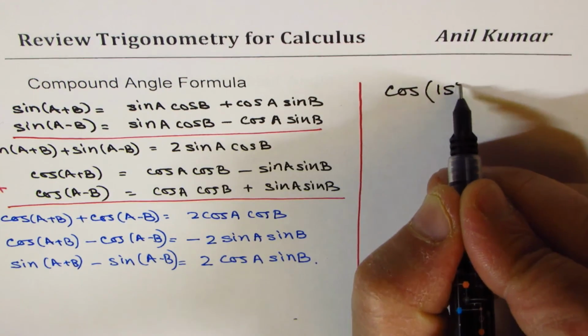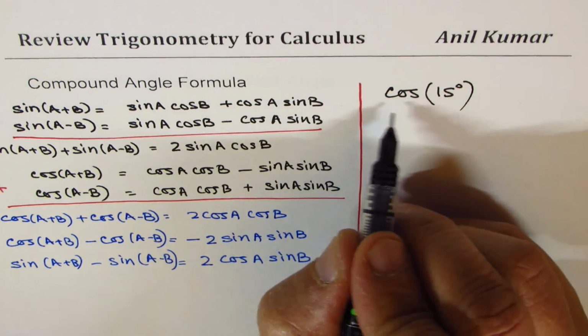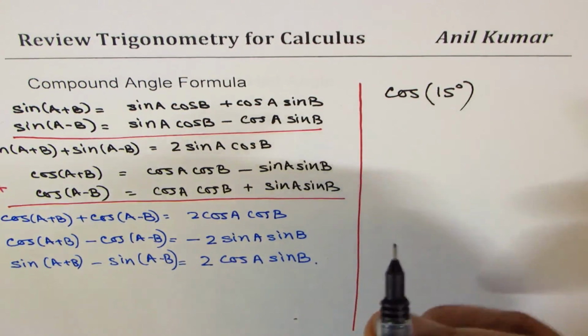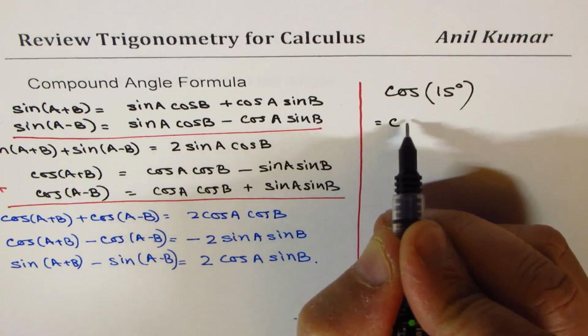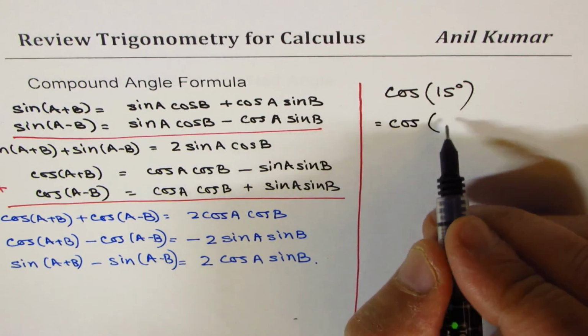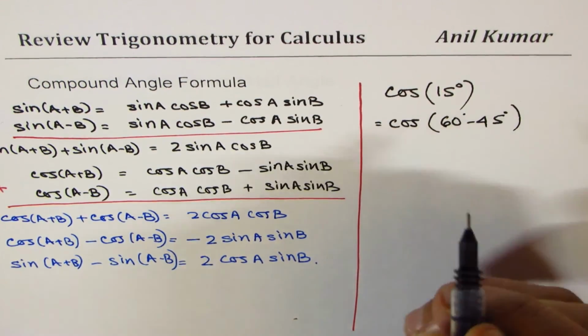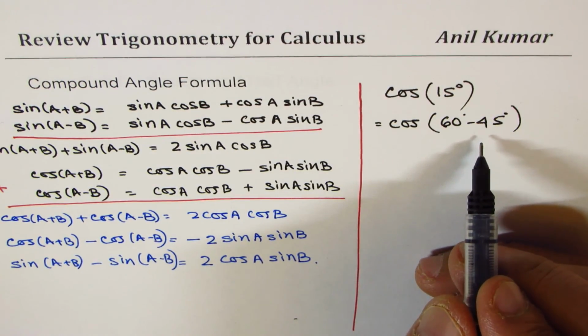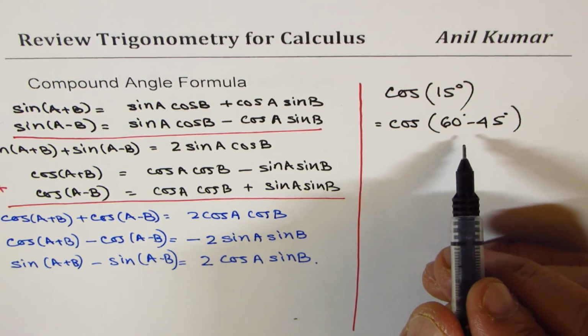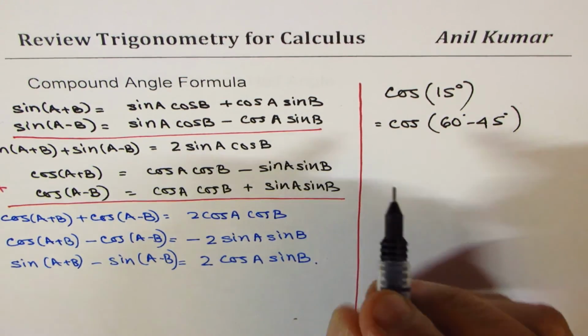Now, we really don't know the value of cos of 15 degrees, but we could always write this as cos of 60 degrees minus 45 degrees, correct? I've just taken it in degrees for the time being, but just to explain the concept.